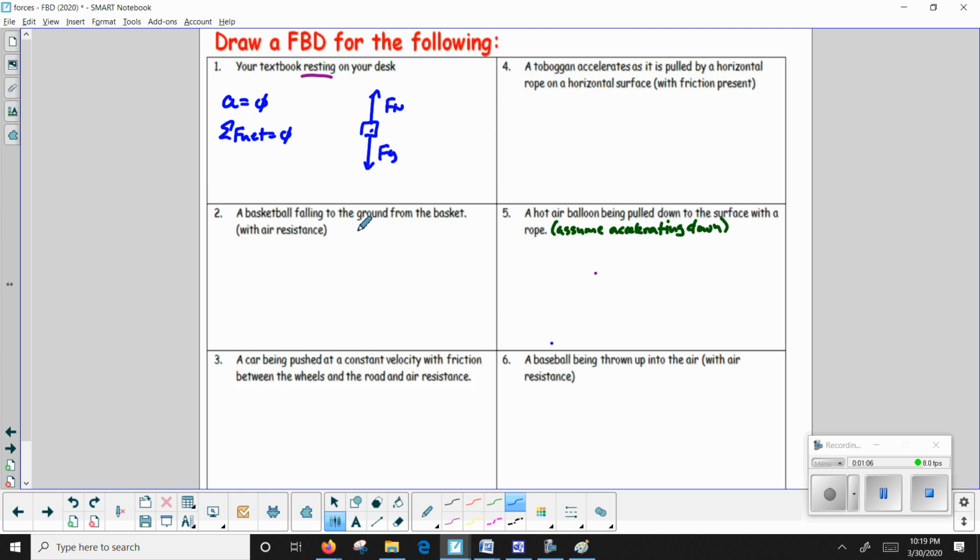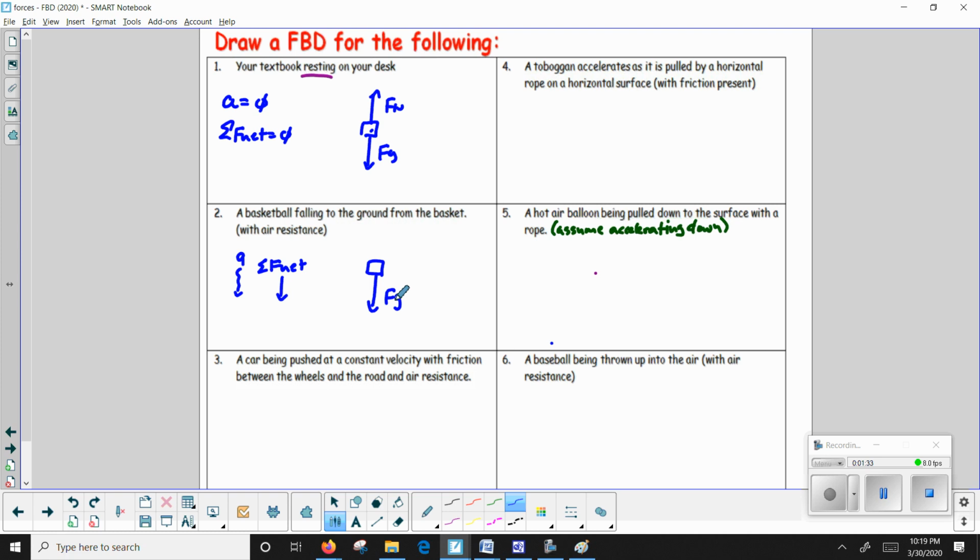We have a basketball falling to the ground from a basket. So it's accelerating downwards, so my overall sum of forces must be downwards as well. And let's look at the forces acting on it. I'm going to have gravity. And what other forces are there here?